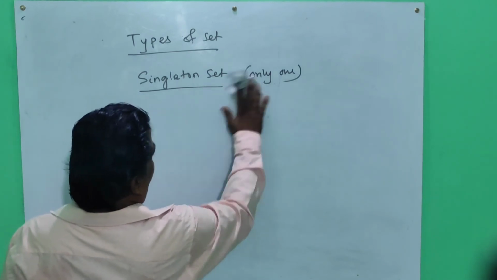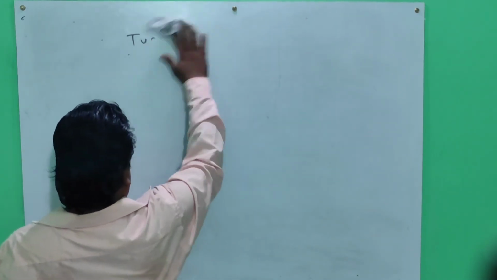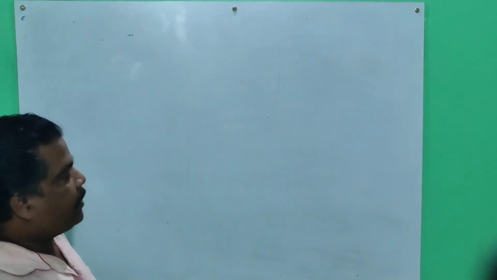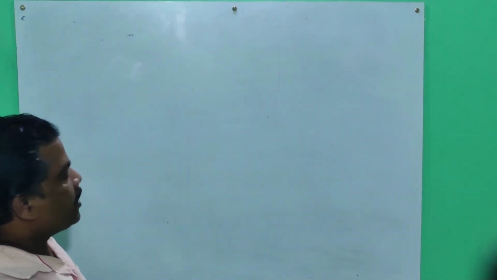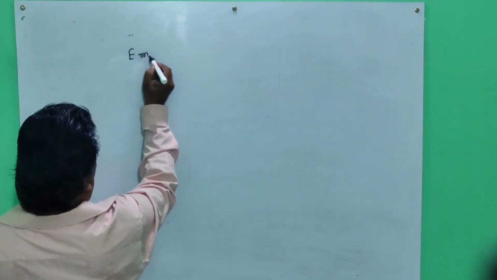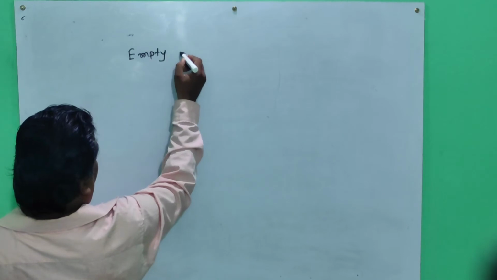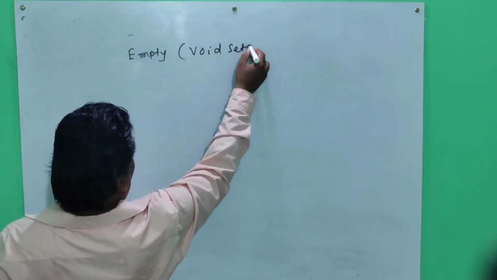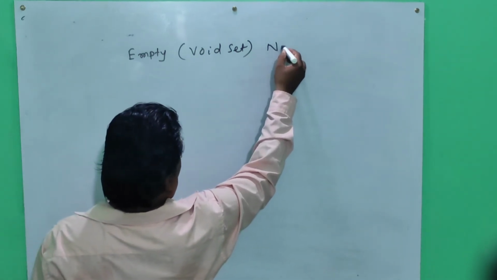Next, if a set contains no element, that is called an empty set, or void set, or null set.